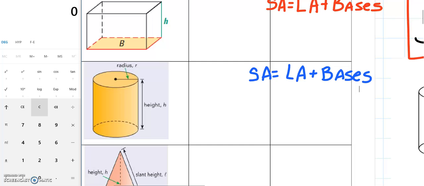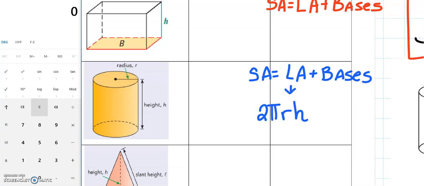Okay, so for lateral area, the curved portion of your cylinder, the way that you're going to find that is by doing 2 pi r h. 2 times pi times the radius, which basically gives you the circumference, that's what 2 pi r is, times the height of your cylinder.